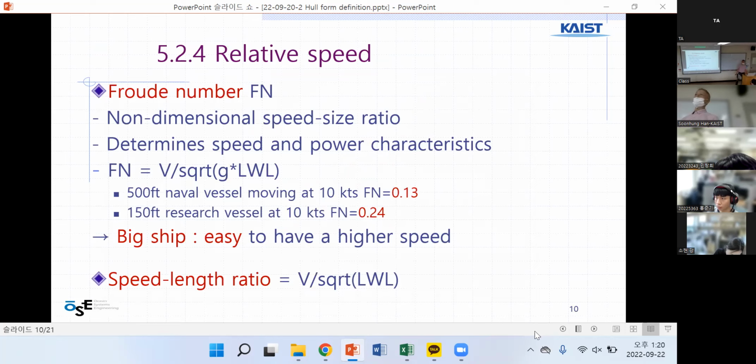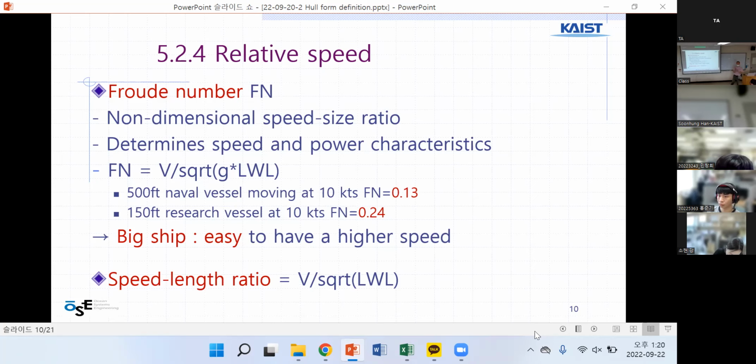Right. So now why are we talking about complicated coefficients again? Here is the Froude number. Froude is a famous person, right? He developed a number, a non-dimensional speed-size ratio. Take a battleship, fishing boat, razor boat, bulk carrier, oil tanker, container ship, cruise ship.